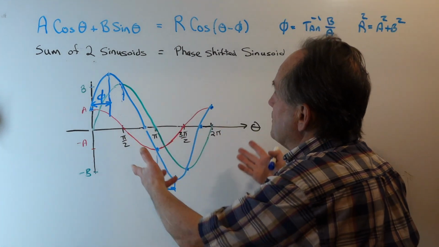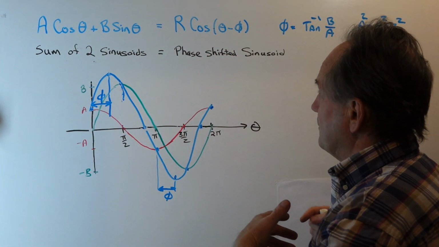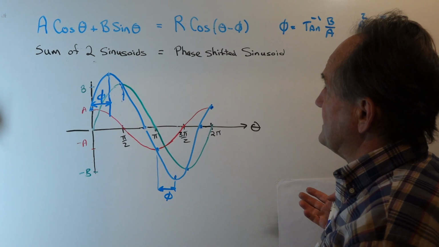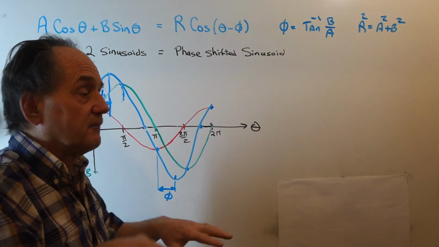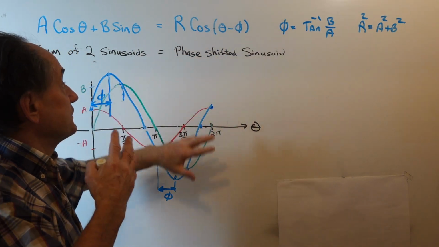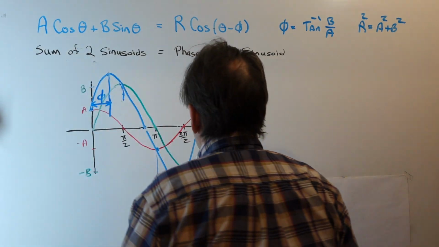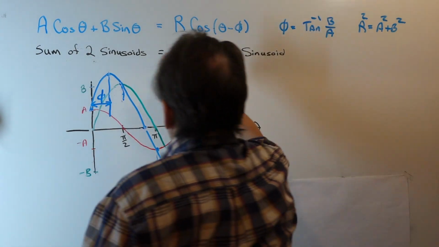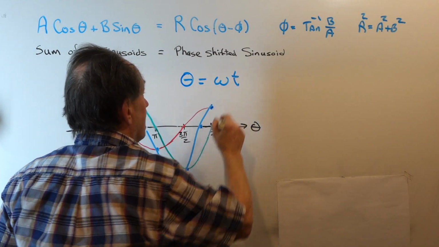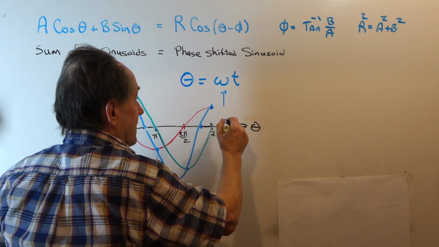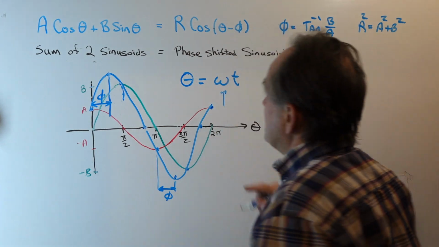And this is a very useful identity to know, like I said, for analyzing AC steady state circuits. If you inject two signals of the same frequency at different parts of the network, those will combine in this manner and cause a phase shift in the resultant. So in electronics, our theta becomes an omega t, where omega is our radian or angular frequency and t is time.